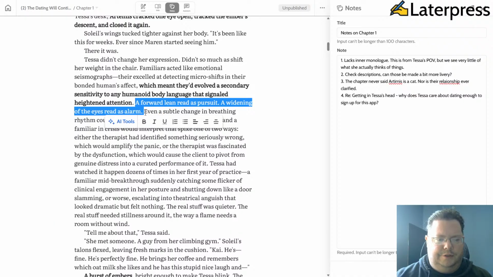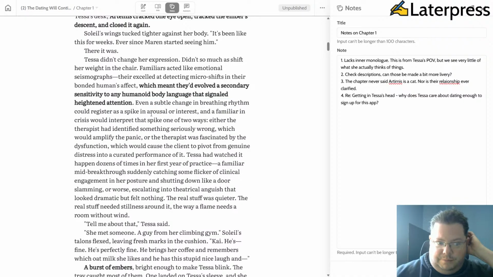I think I get rid of these here and go: Even a subtle change in breathing rhythm could register as a spike in arousal or interest, and a familiar in crisis would interpret that spike in one of two ways.